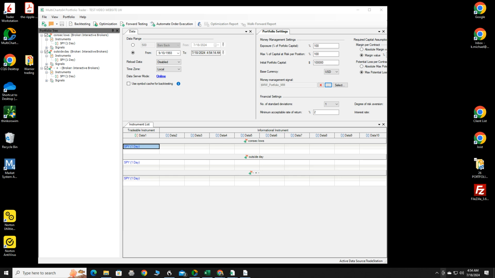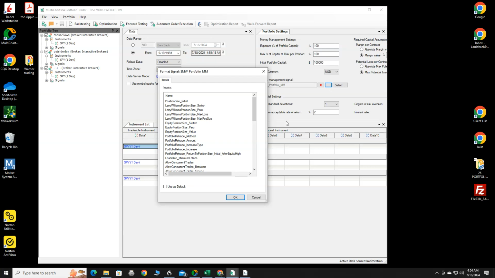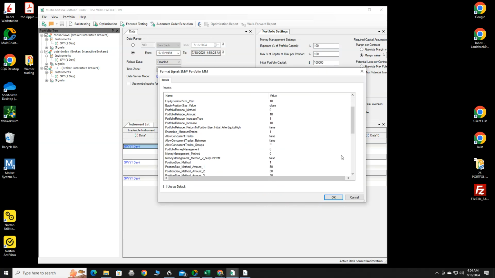Okay, so just for an example, we're going to go to portfolio, and when we scroll down, you will see the ensemble method here on the input. Here, ensemble minimum entries. 0 is off. 1 is still essentially off because it means one trading strategy at a time.